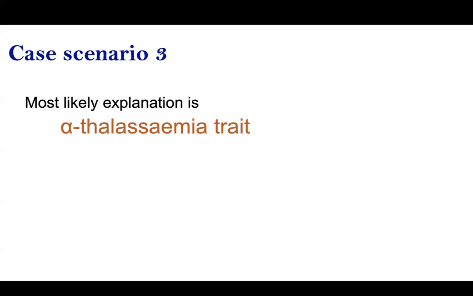If you have hypochromic microcytic anemia, it is thal trait or iron deficiency. Iron deficiency is excluded by doing a ferritin. Beta thalassemia trait is excluded by HPLC. Alpha thalassemia trait cannot be excluded by HPLC, so it can well be alpha thalassemia trait.